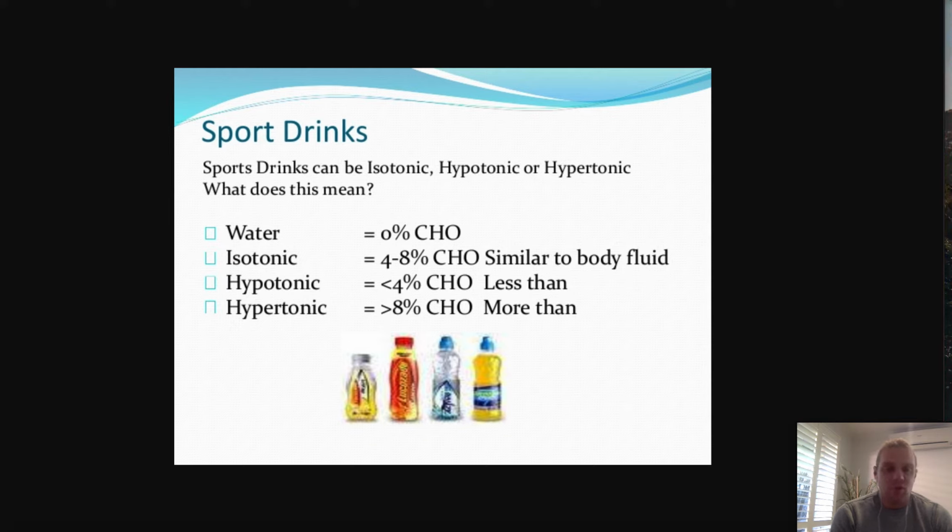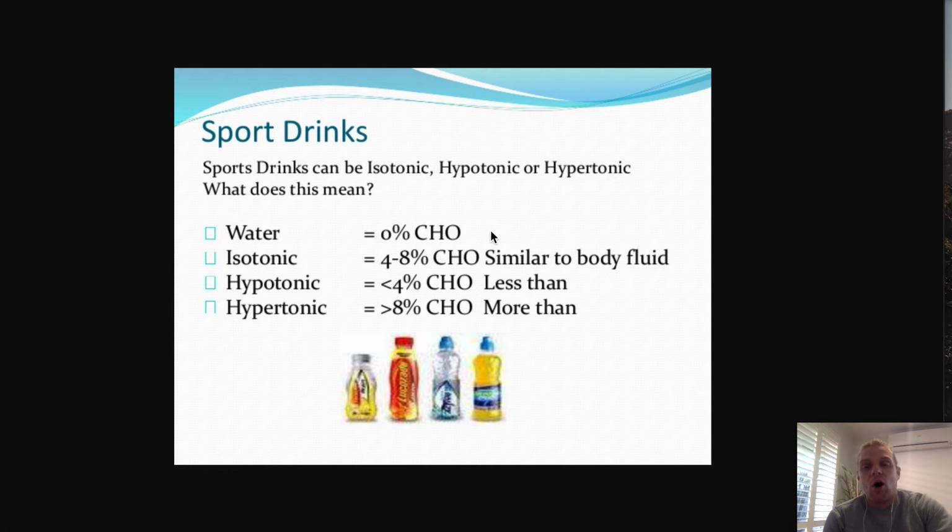Therefore, the body will find it quite easy to ensure that it's not overindulging in that carbohydrate. So that's the isotonic drinks. They're also jam-packed with electrolytes as well most of the time, and so that's a good option for people who are losing some of those electrolytes that were mentioned earlier.